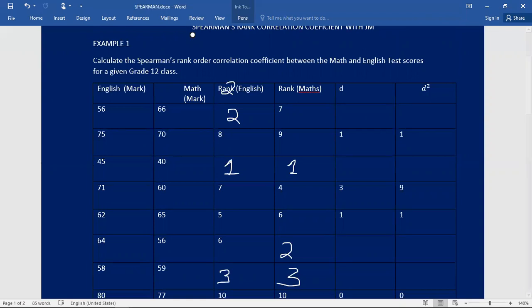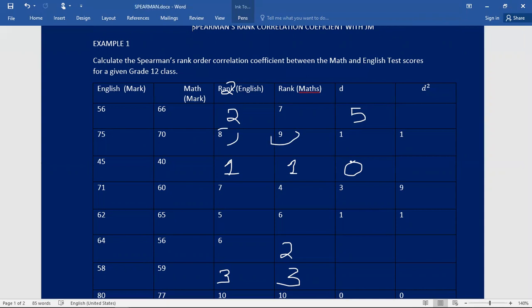By the distance, we mean the difference between the rank in English and the rank in math for the same person. So like the first one, it will be 7 minus 2, which is 5. The second one will be 9 minus 8, which is 1. Then 1 minus 1 is 0. 7 minus 4 is 3. 5 minus 6 is 1.